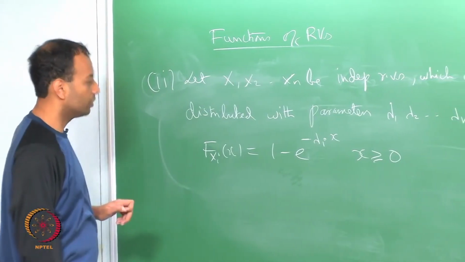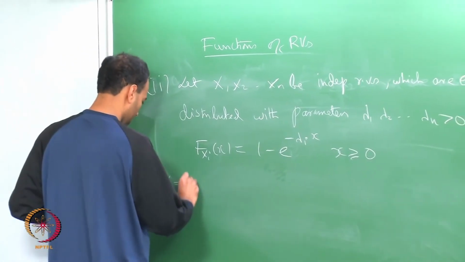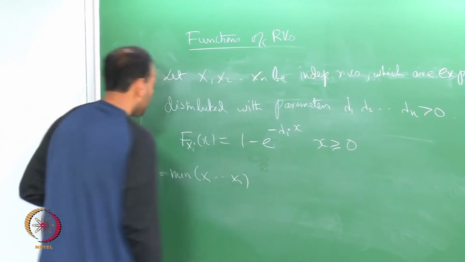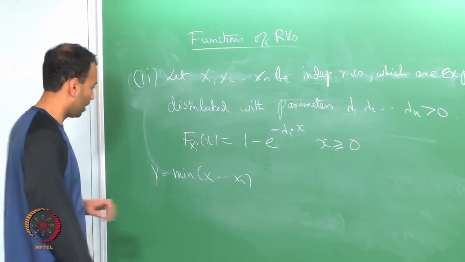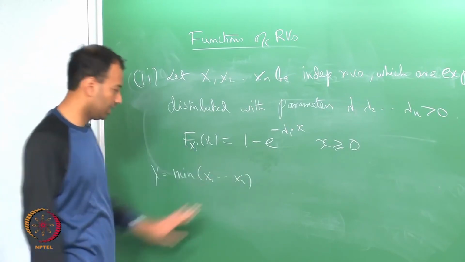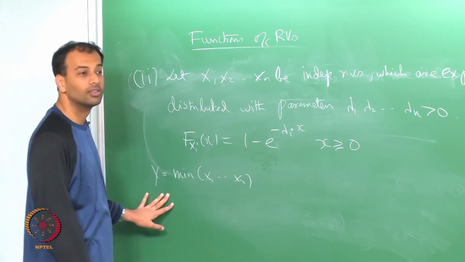Okay, now, if you look at Y equal to the minimum of X1, dot dot dot, Xn, I am looking at the minimum of these independent exponentials. So, now what happens?